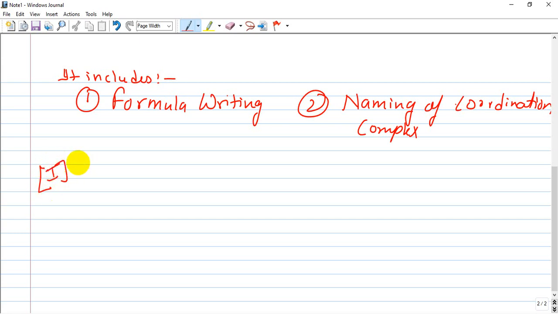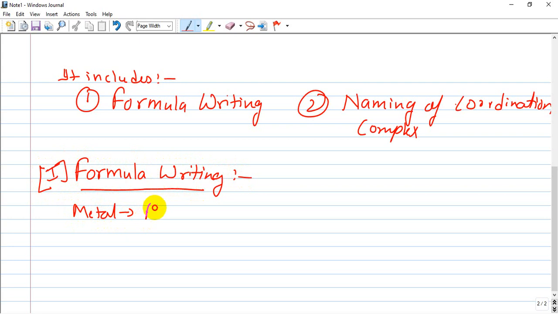The first part is formula writing. In formula writing, we always write the metal first and the ligand last in the coordination sphere. Please remember this point.